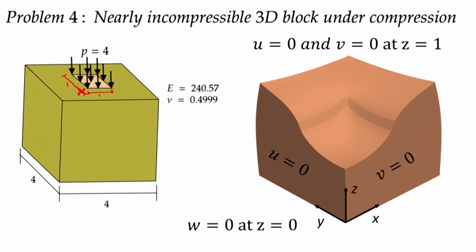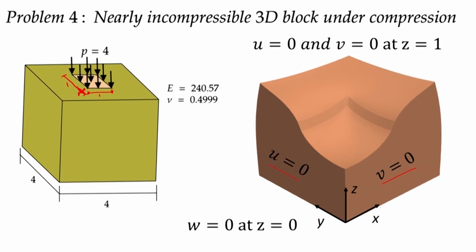Now in this case, instead of solving the full problem, we can use symmetry. So I just chose one octant of the block and simulated it. Naturally the symmetric boundary conditions will apply on these faces, and W will be 0.